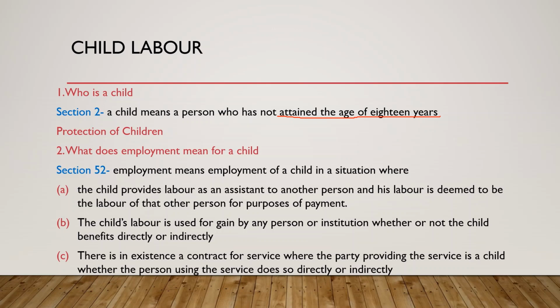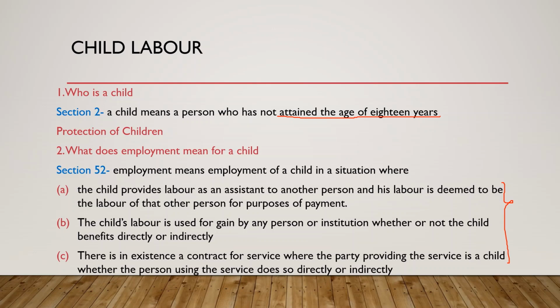As a labor law student, you need to understand that if a child is doing work as an assistant to someone else, and that work is deemed to be work of another person who is then paid on behalf of that child, then that constitutes employment for a child. As you can see, parts B and C still explain what employment means for a child.